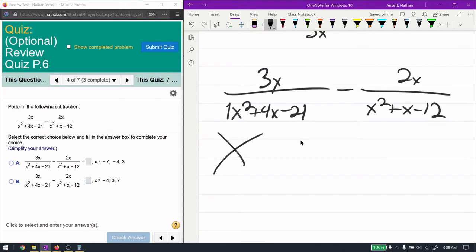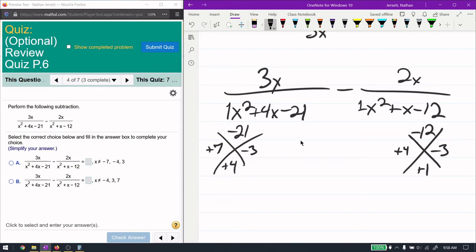A is 1, a times c, and then b. This is going to be positive 7 and a negative 3. A is 1 here, so we get a times c and b. This gives us positive 4 and negative 3.